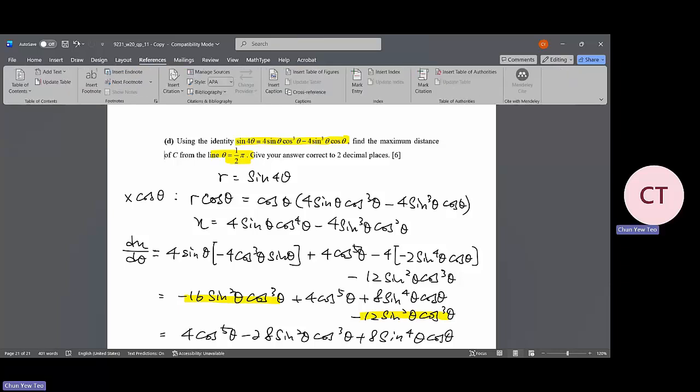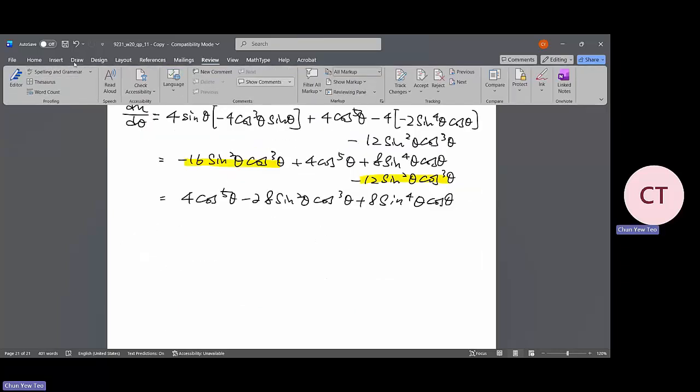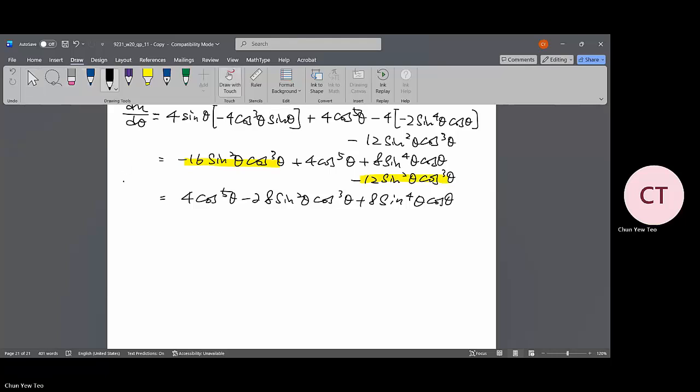Okay. Then let the dx d theta equal to 0. So your dx d theta equal to 0, that will give you, factorize the 4 and the cos theta out. You will get cos power 4 theta minus the 7 sine square theta cos square theta plus the 2 sine power 4 theta.